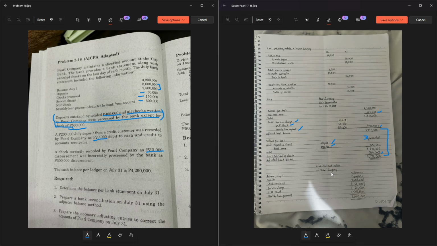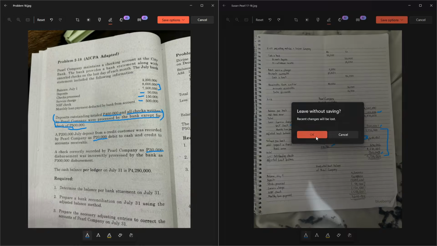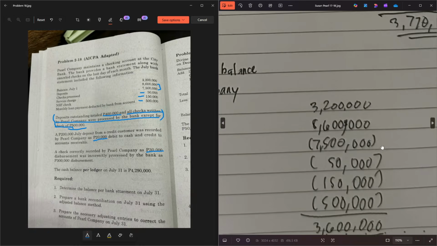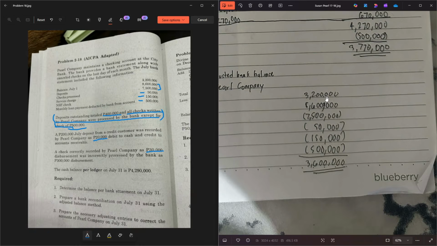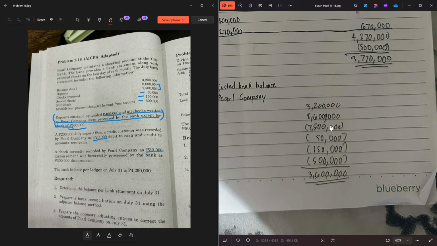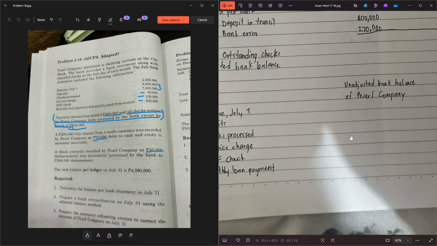Then the unadjusted bank balance of Pearl Company: July 1, 3,200,000, deposits of 8,600,000, disbursements of 7,500,000.